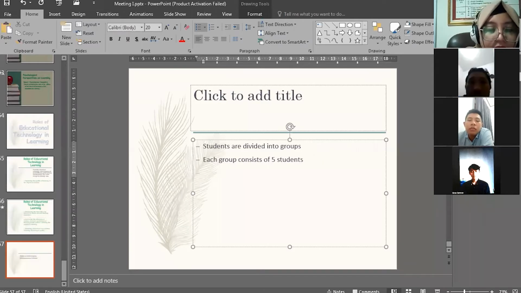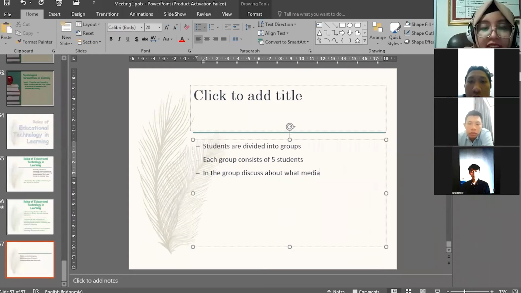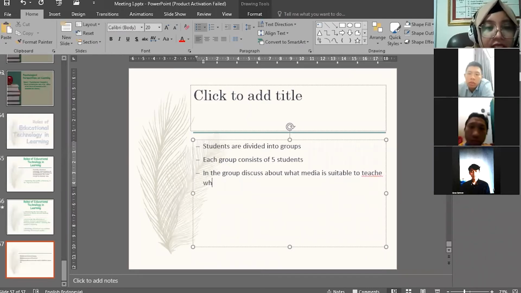Then in the groups, discuss what media is suitable to teach one method.